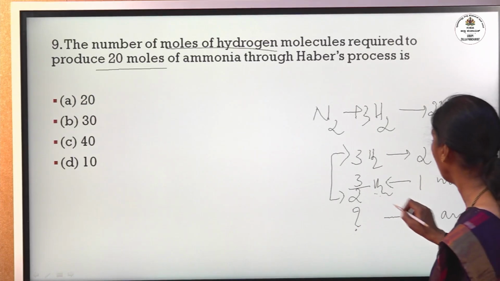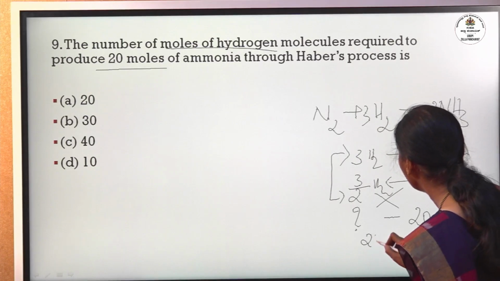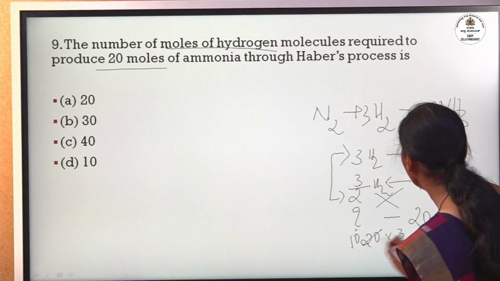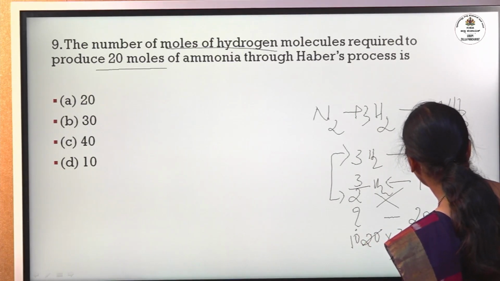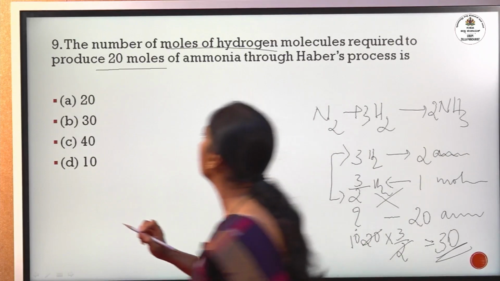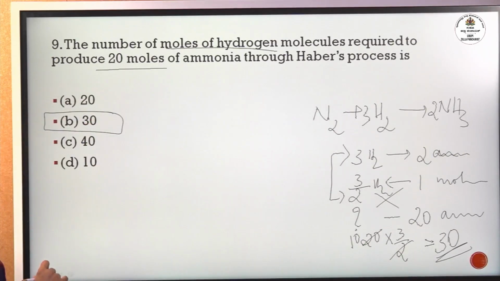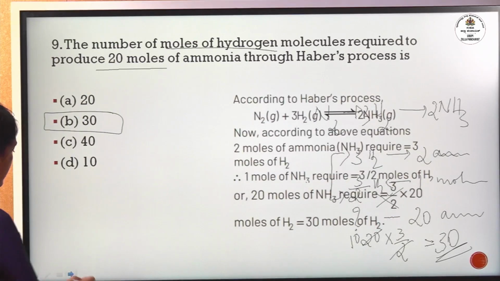We have to find out, and that is 20 into 3/2, which is 30 moles. 30 moles is the answer, and B is the correct option.